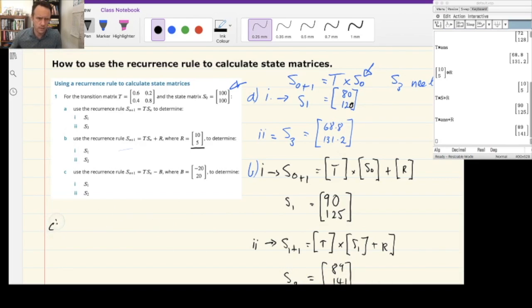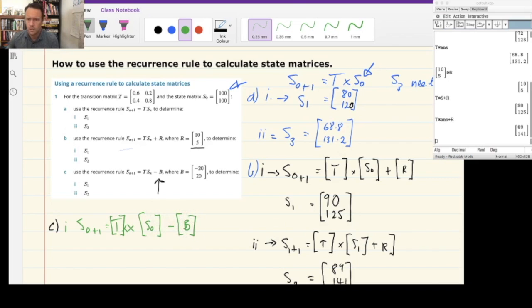And over here for part C, we have the same situation, except this time we are subtracting a value there. Let's make it green. Hopefully no one's colorblind. So part 1, so we're going to find S1 and S2 again. So for S1, same deal, we go S0 plus 1 equals T times S0, and then we're going to subtract B instead of making an addition this time.